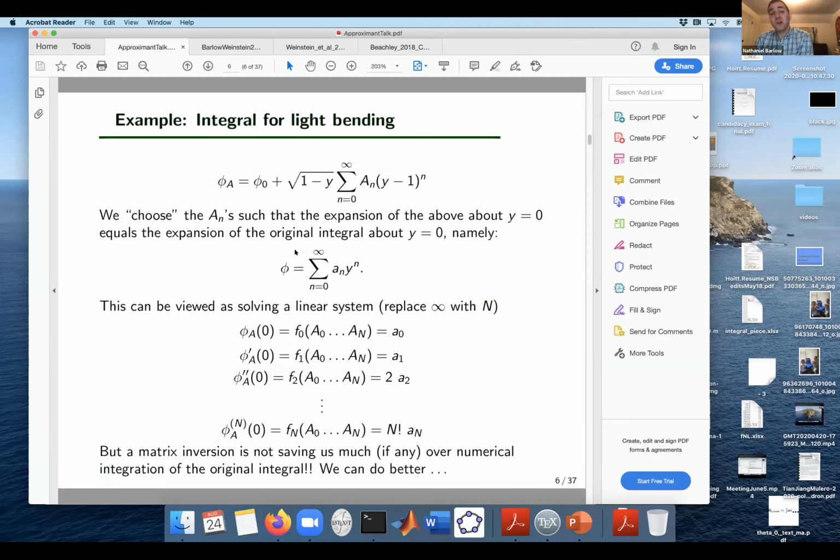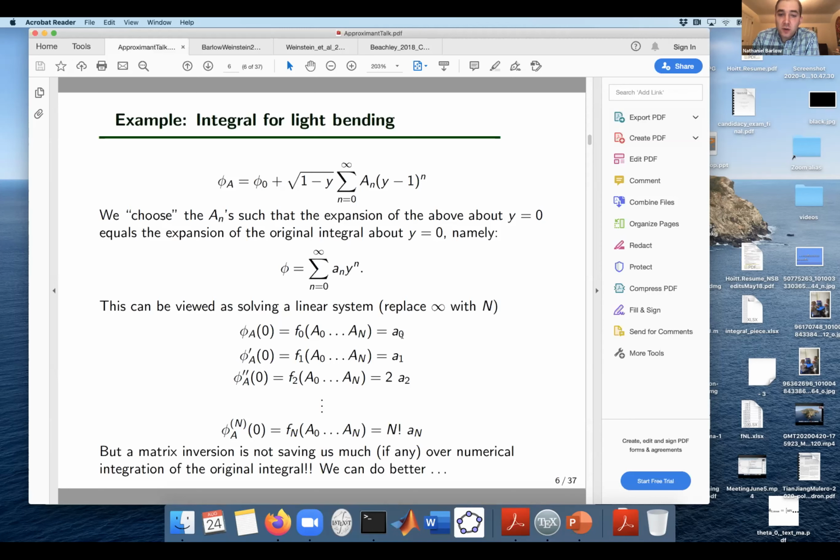Yeah, here we go. So we take this expression up here, and we can evaluate all of the derivatives at 0, right? So the 0th derivative at 0 would just be, let's see, we take this phi of a at 0, and if you look up here, that would be phi 0 plus square root of 1 times capital A sub 0.